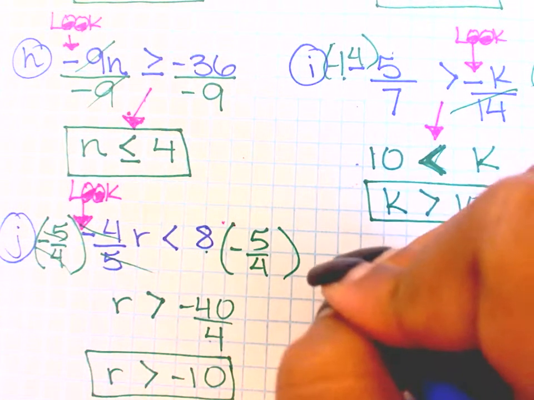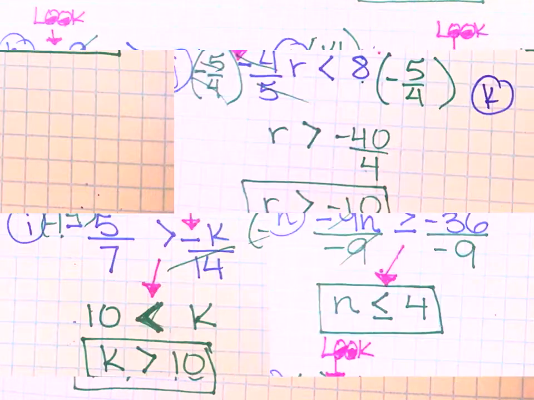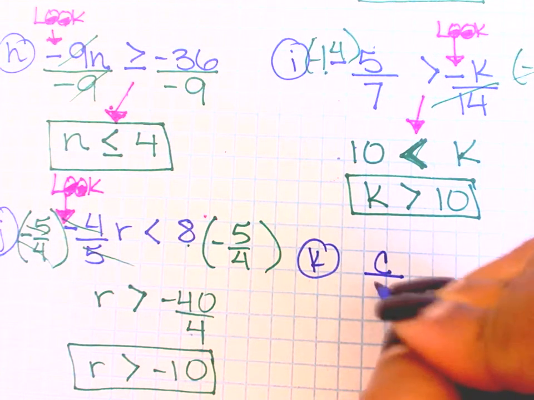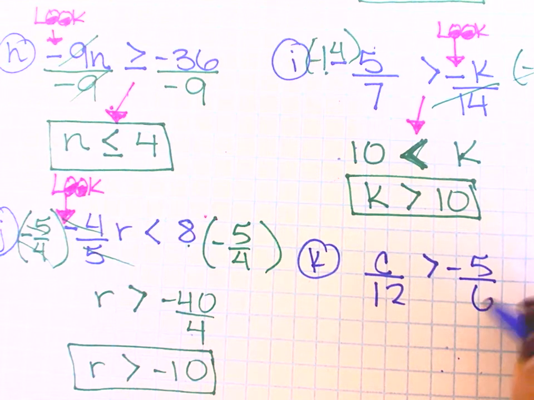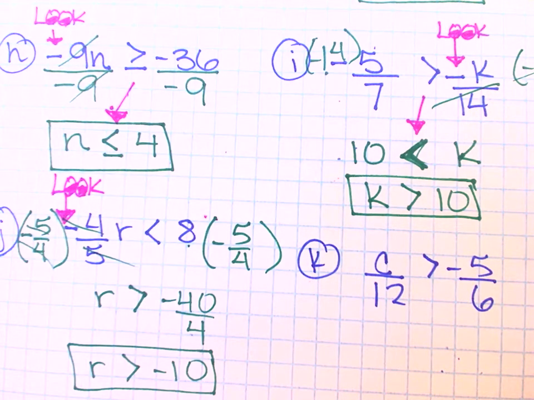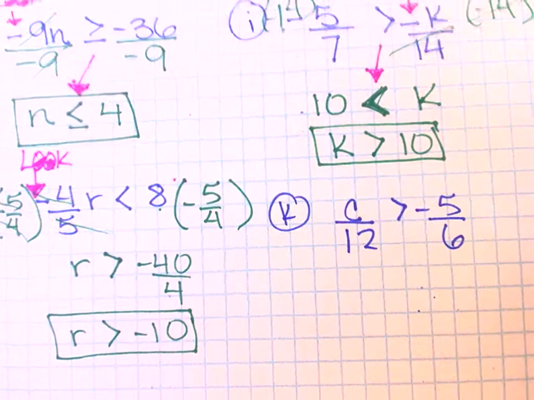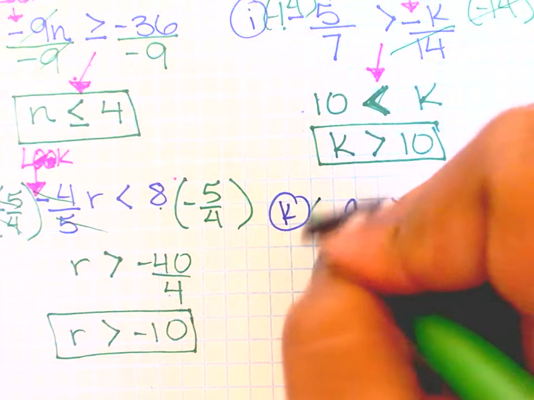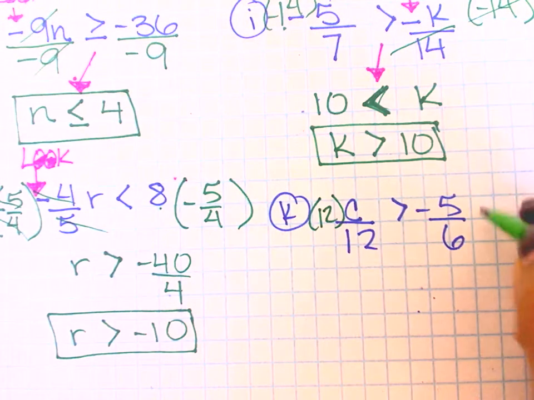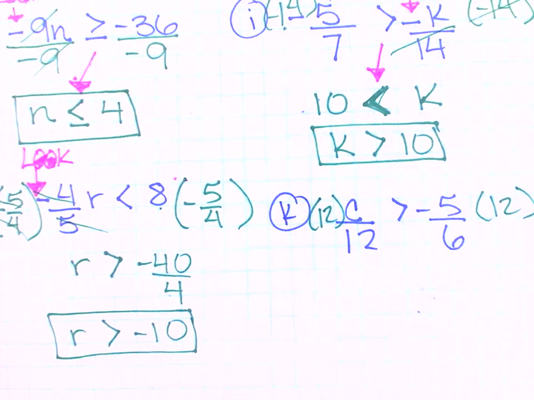Last one, letter K. C over 12 is greater than negative 5 over 6. Now this one you have to think. Are you going to be multiplying or dividing by anything negative to get C by itself? No, it's a positive 12. So if I multiply by positive 12 on both sides to get C by itself, right?